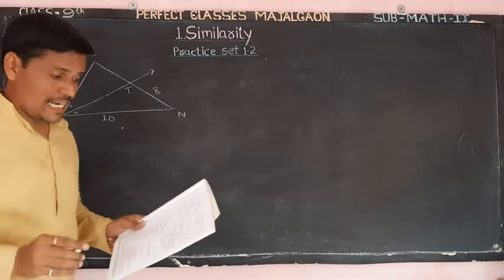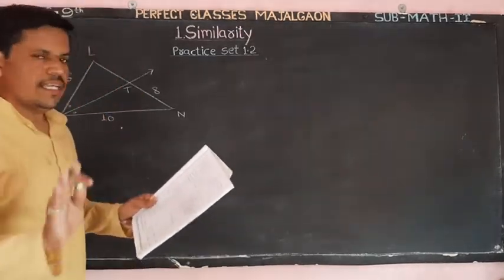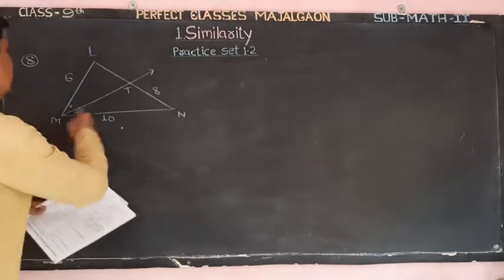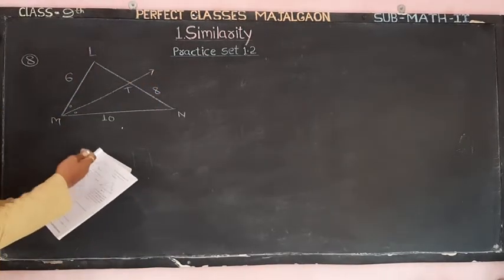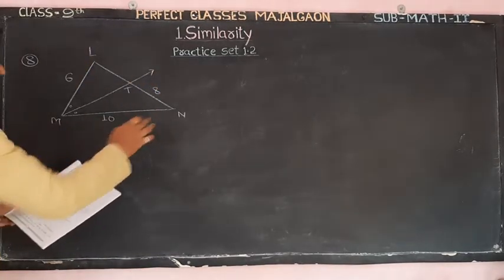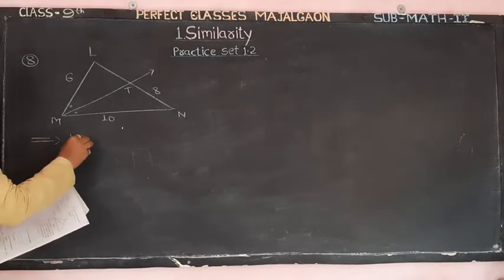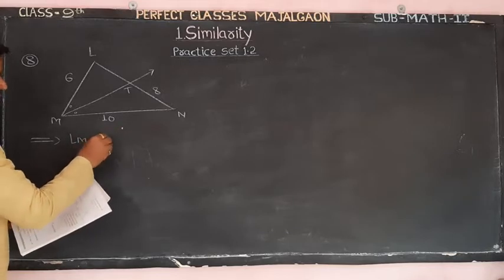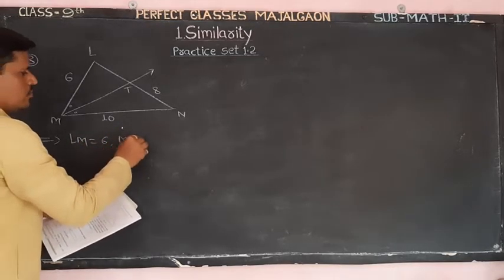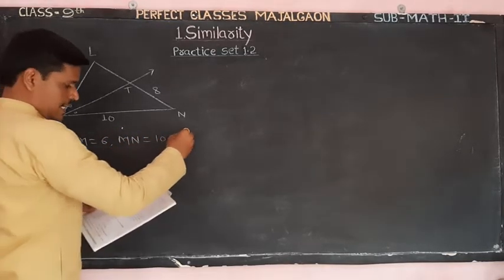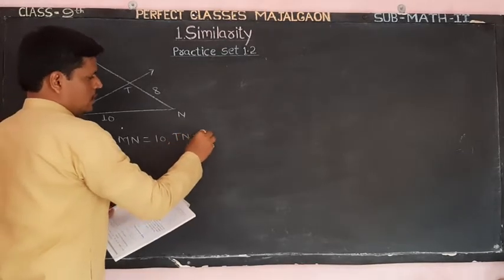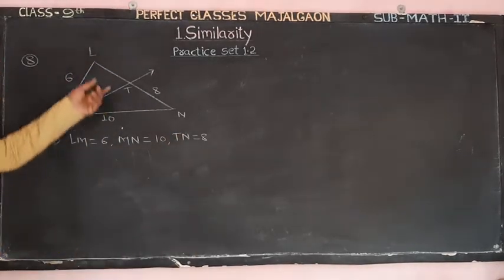I will read the question first. In triangle LMN, ray MT bisects angle LMN. LM is 6, MN is 10 and TN is 8. Find LT.